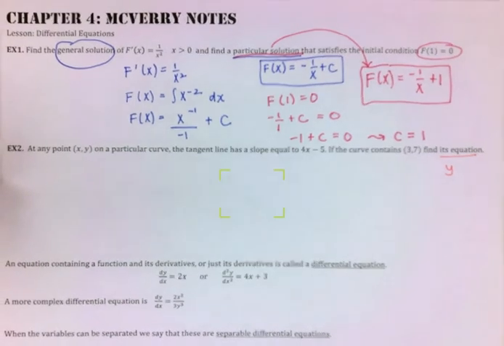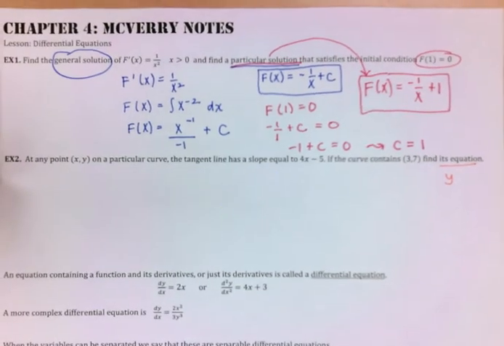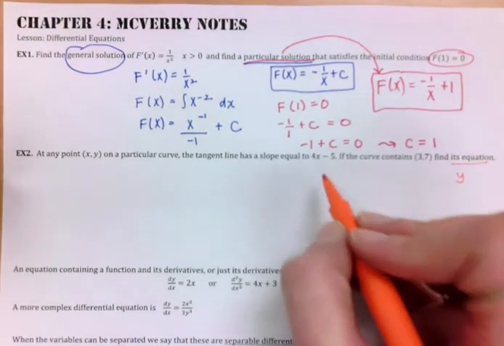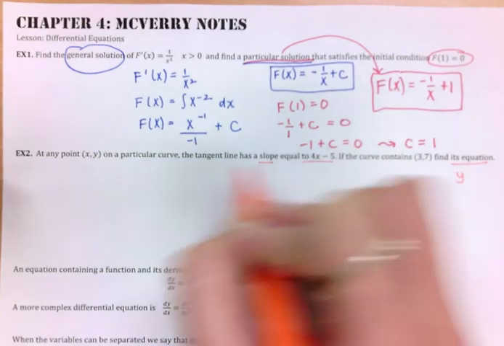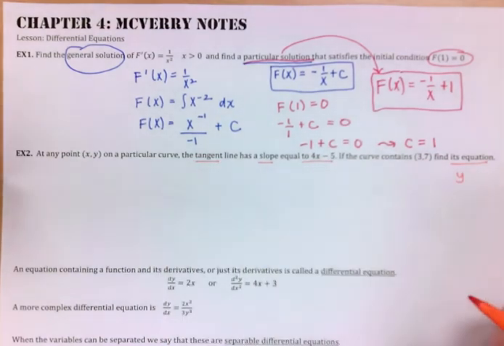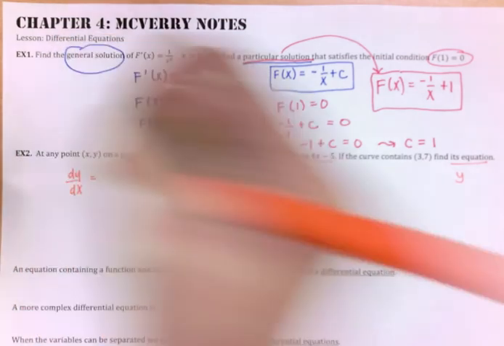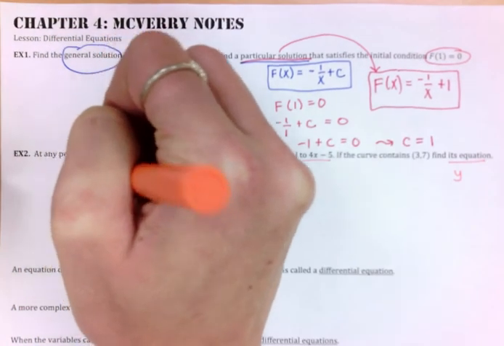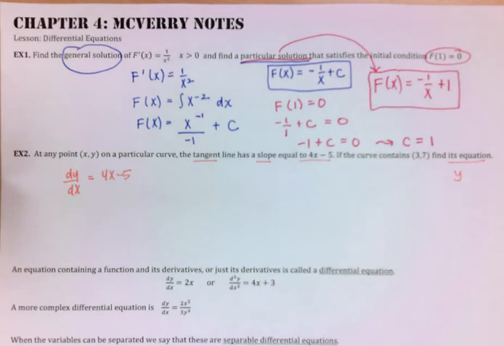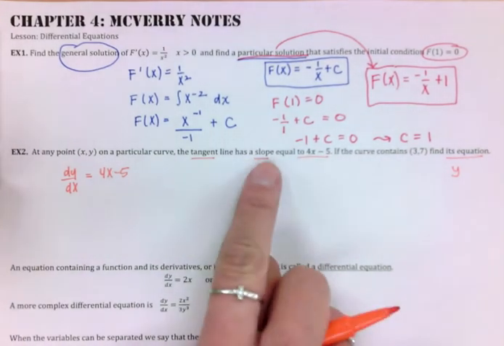If we know that the slope is 4x minus 5, we know that the slope of the tangent is our derivative, right? So dy dx is 4x minus 5, by definition of the slope of our tangent line.